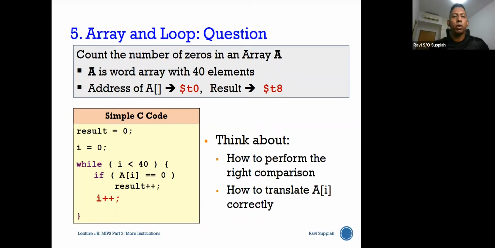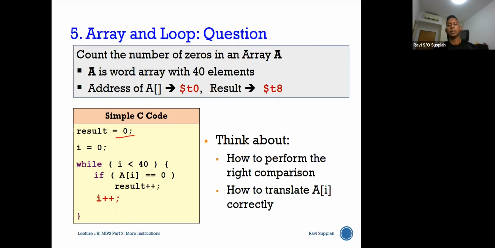Count the number of zeros in an array A. A is a word array with 40 elements, and we want to find how many zeros are there in this array. In terms of C, of course, it's very easy. You declare a variable to keep the result, and you go through the entire loop. As long as the compare value is 0, you do result plus plus. So in C, it's straightforward.